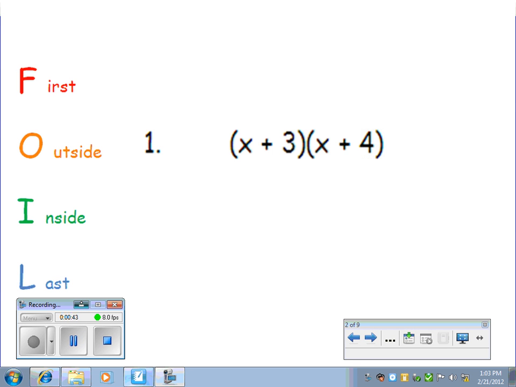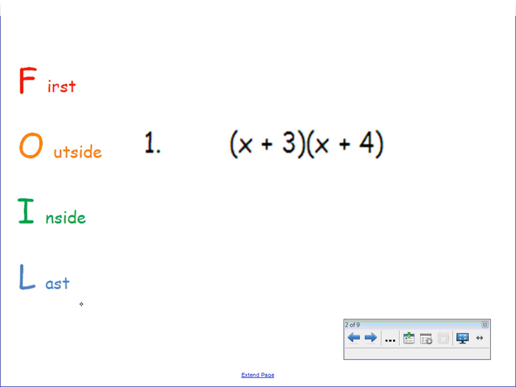All right, so here I have the example x plus 3 times x plus 4. We're going to use a method that we call foiling. F-O-I-L. And as you can see on the left-hand side of your screen, you're going to see what each one of those letters in the word FOIL means. The first letter is the F. That stands for the first terms.